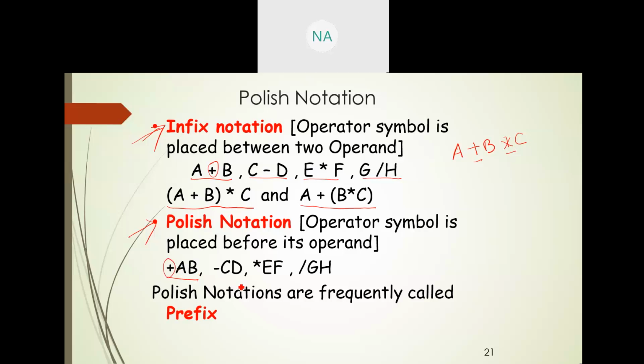Likewise minus cd, multiply ef, divide gh, right? The operator comes before its operands. Polish notation is also frequently called prefix notation, because the operator is placed as a prefix, before its operands.